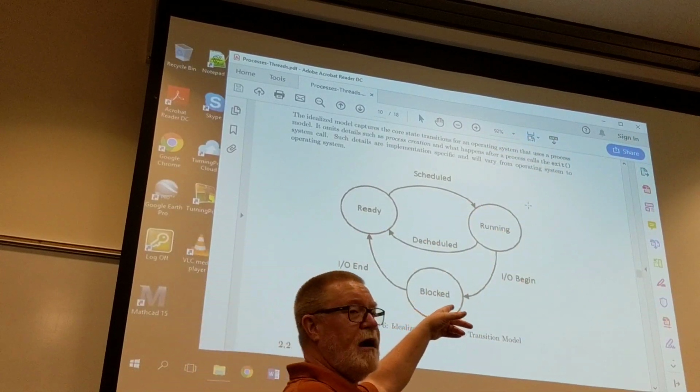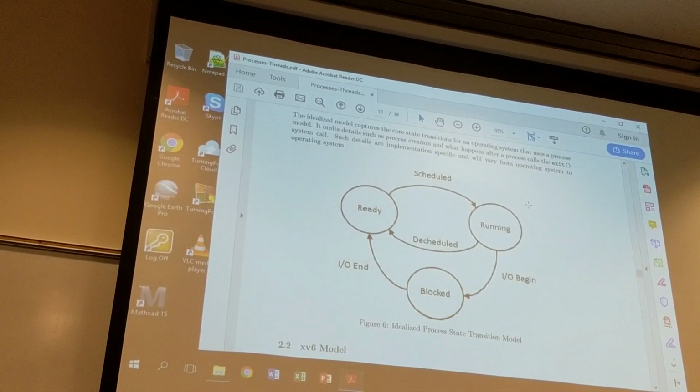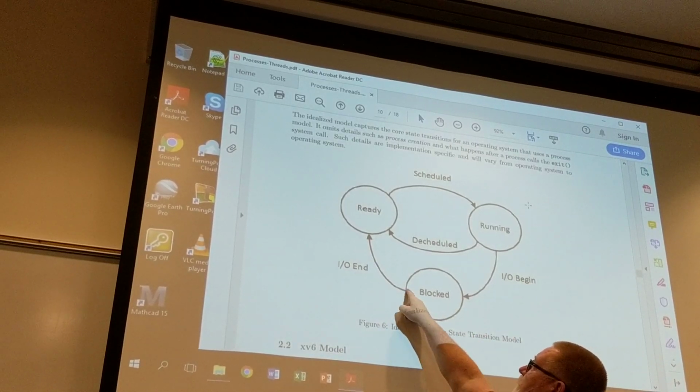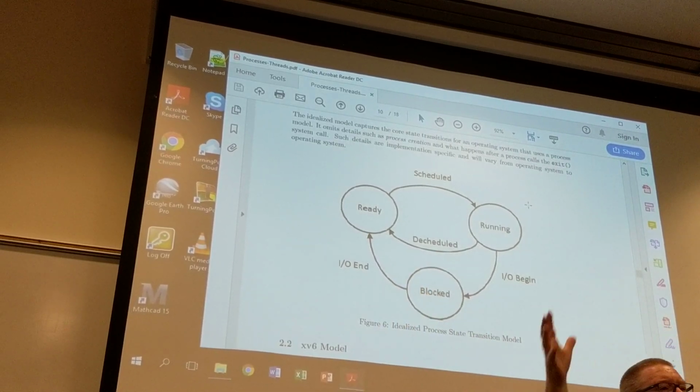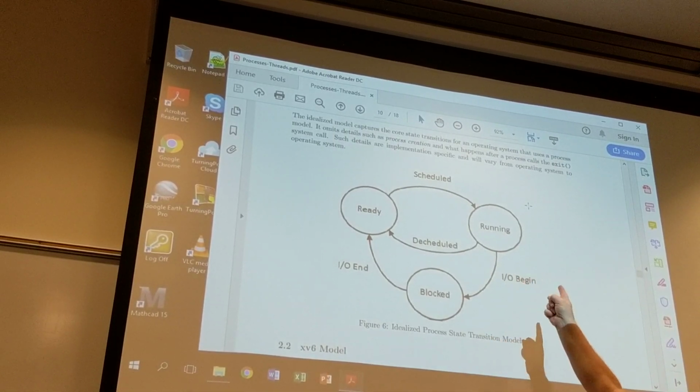That's yield's job. But yield and sched are all part of the overall scheduling process. All of this is done by the scheduling process, including this. So all of this is scheduling a process. But the scheduler only does the top arc.